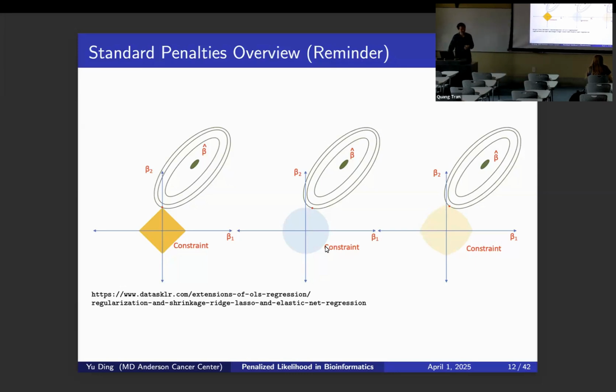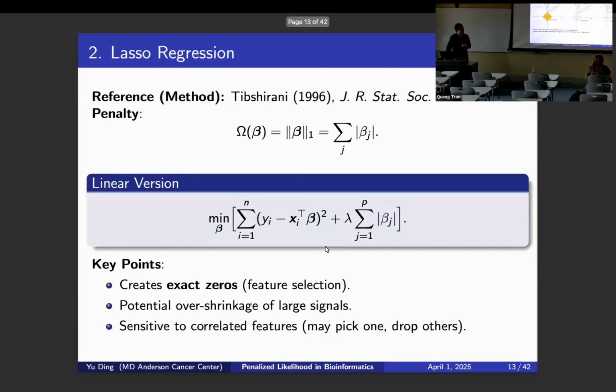Okay, so this is a very high-level introduction to ridge regression. Then let's talk about the other regression, which is called lasso. I have to say that to this day, lasso is still a very popular tool as a lasso regression family.